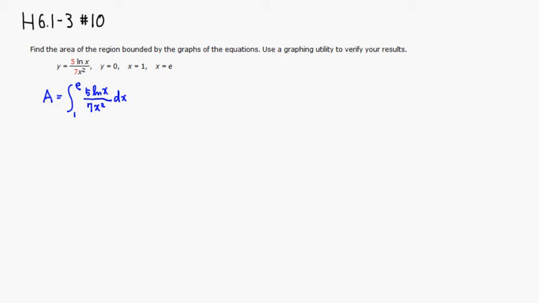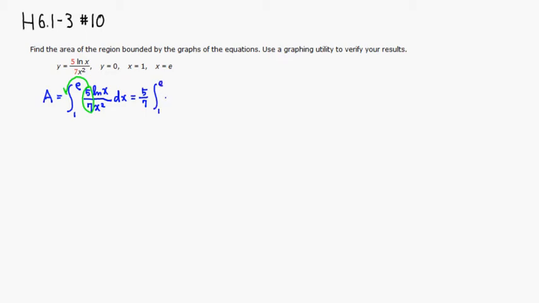And what we want to do is pull this constant 5/7 and put it in front. Then I'm going to rewrite it as this. I'm going to put 5/7 in front, so you have an integral from 1 to e.